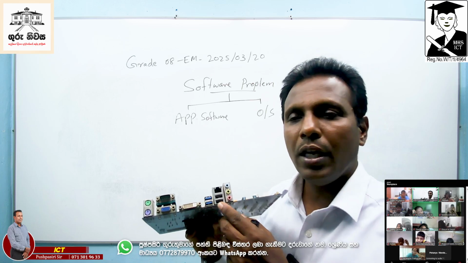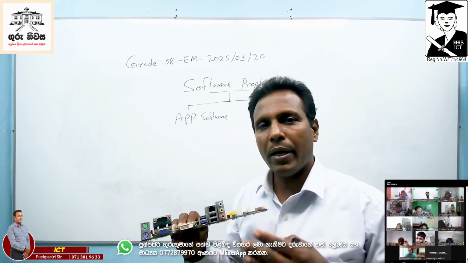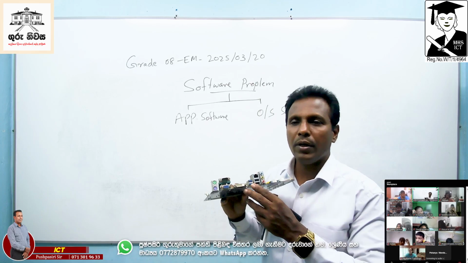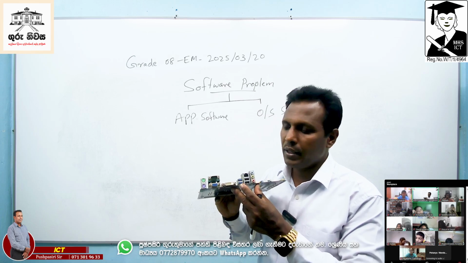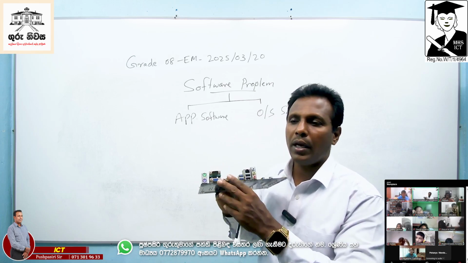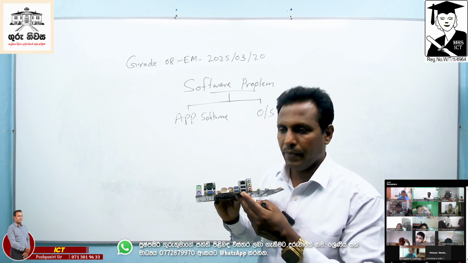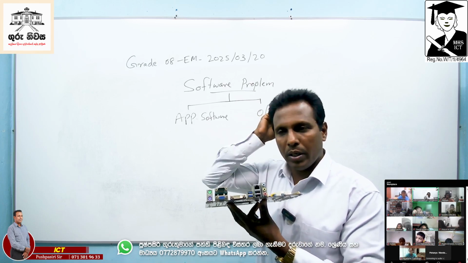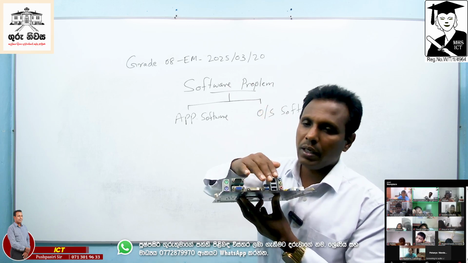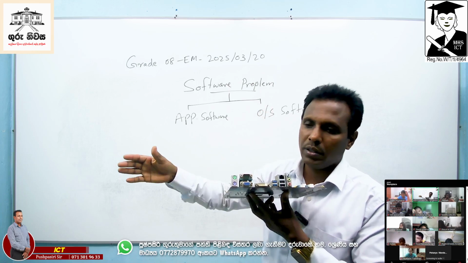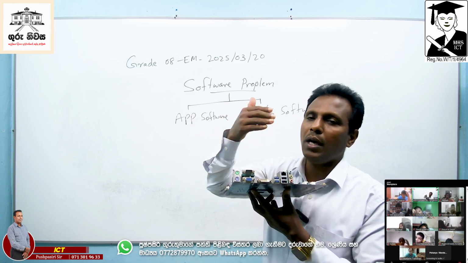Therefore, each and every product started coming with USB, right? That's why nowadays, little by little, the older ports are going out and USB is coming up. In most present computers, most of these ports are going out, and only USB remains.